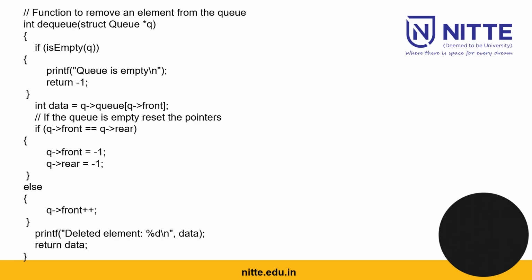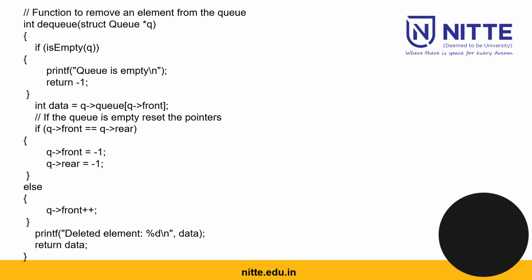Now we will go for dequeue of an element from the queue. Before dequeuing, we have to check whether the queue is empty. So I will write: if is_empty of queue, then it will print queue is empty and return -1. Otherwise, it will remove an element from the queue. From where will it remove an element?